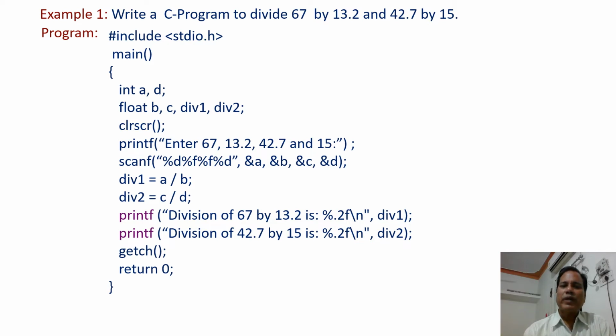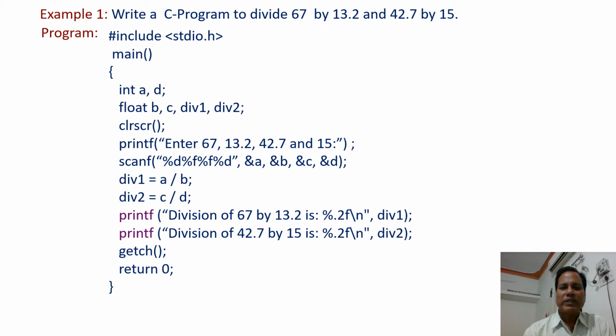Then as we have to get the data from the keyboard, we use the scanf function. Whenever the scanf function is executed, the cursor blinks on the output screen and waits for the data. So what type of data is to be entered? To display that message before the scanf function, we write a printf statement, and using the printf statement we display a message on the output screen.